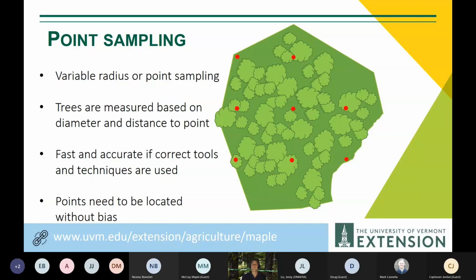So we'll talk about the tools needed to do that sampling, but just understand that you're not measuring a diameter of a circle in this scenario. You're just navigating to the points that you've decided to have for your sample points. You're using your tool to measure the trees to see whether or not they are to be counted or not, and you're moving on. It's fast, much faster than plot sampling, and they can be accurate, assuming that people use the correct tools and know how to do it.